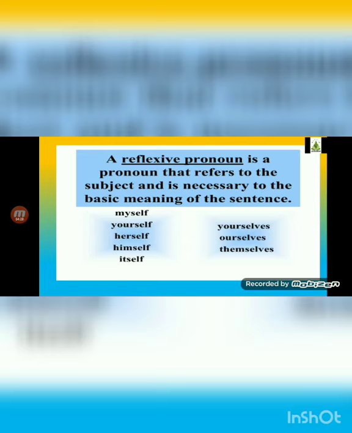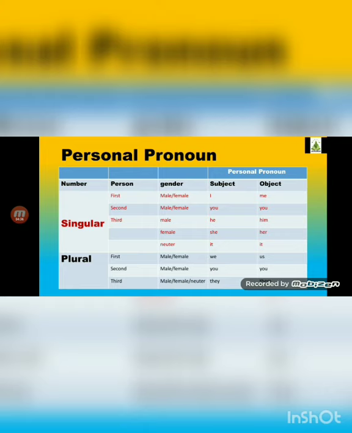Okay, now let's move on to the reflexive pronoun. So before we go to reflexive pronoun, I'd like to say something about the second person as well. The second person pronoun you is used to address the person we are speaking to.